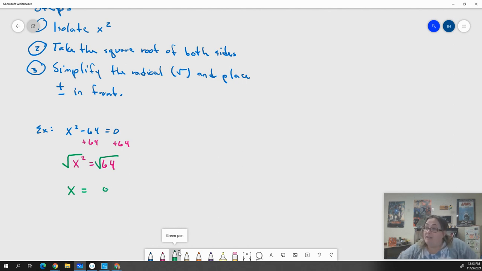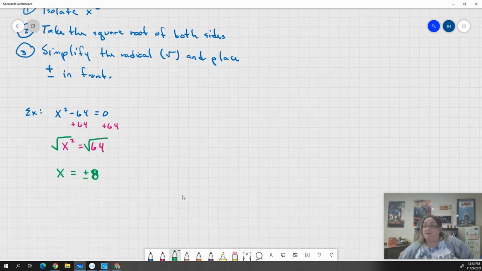So we just have 8. So we've simplified the radical, but we also have to place a plus or minus in front. And the reason is that 8 times 8 equals 64, but so does negative 8 times negative 8. Right? So that was a nice, simple problem to start out with.